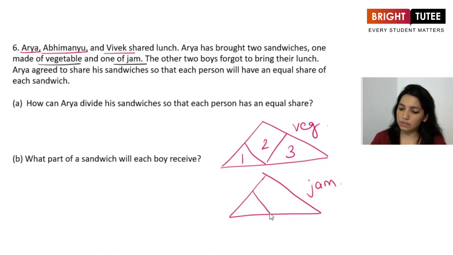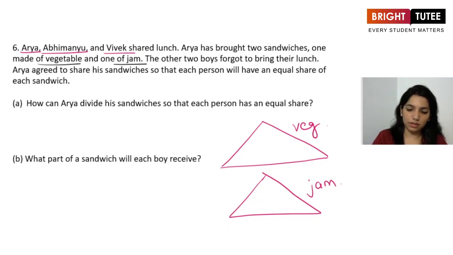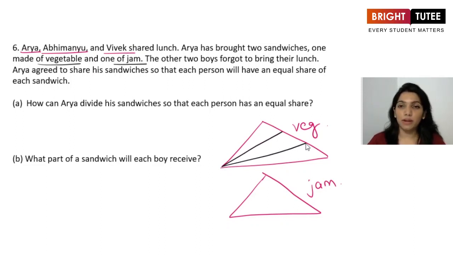So she will divide this into 3 equal parts too. Oh, I'm sorry, let me divide it again. It is not even equal. So how will we divide this into equal parts? Let's see how we can divide. Okay, let's say this is how we are dividing the triangles, in order to divide them into 3 equal parts.